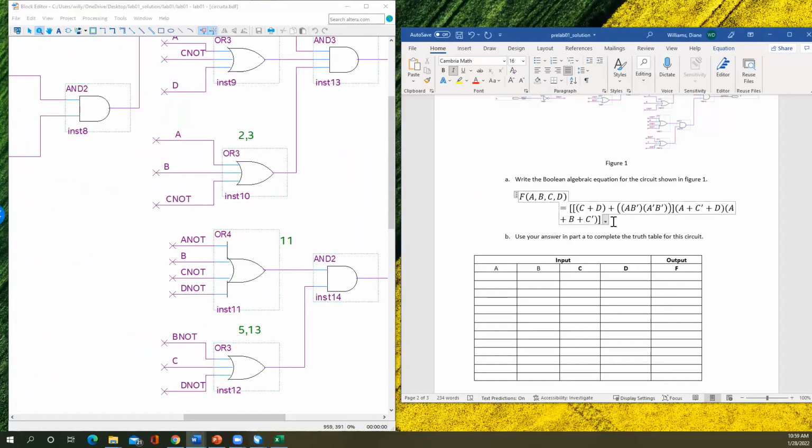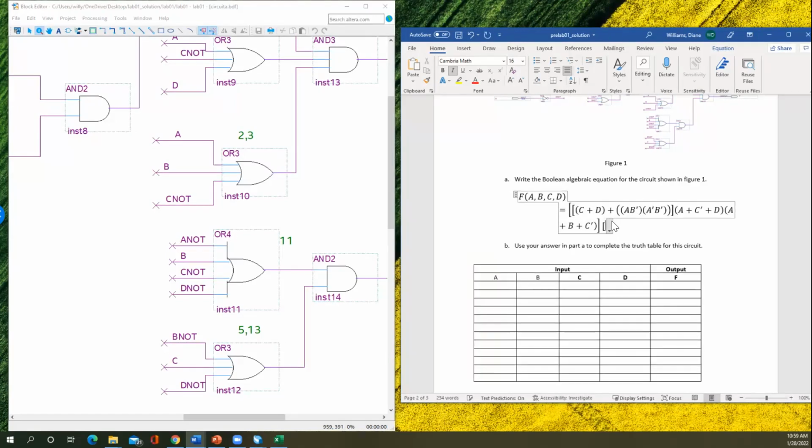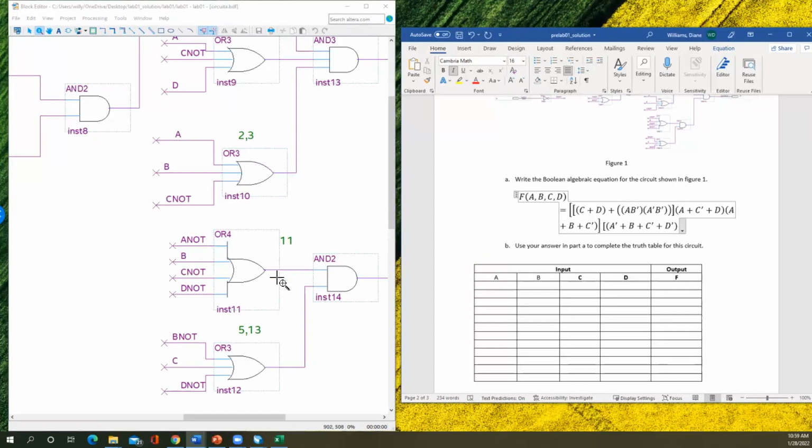This group for this AND gate is going to be, this is an OR gate, again with square parentheses, A not, OR with B, OR with C not, OR with D not. There's that term, which is now going to be ANDed with this term, which is B not, ORed with C, ORed with D not.